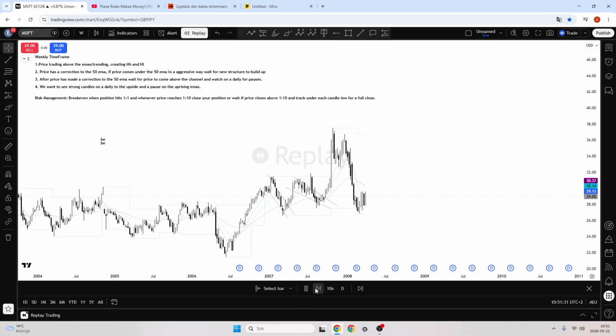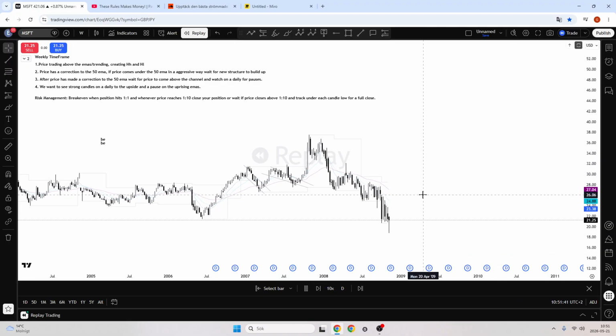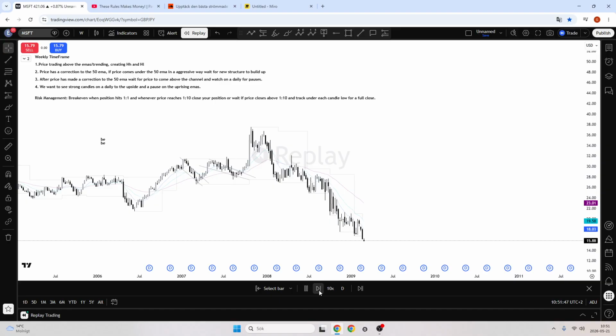Now we are reaching under the 50 MA here, so I'm not interested. Waiting for new structure. Still waiting for a new structure.